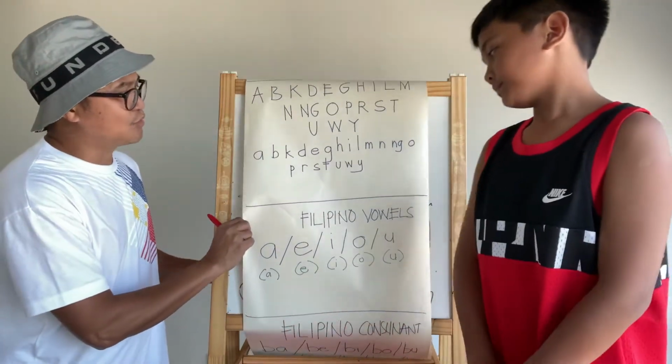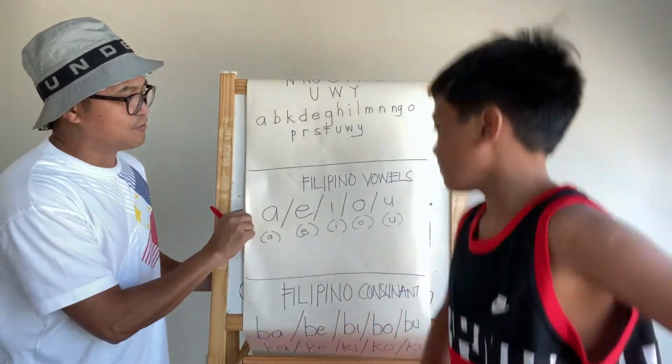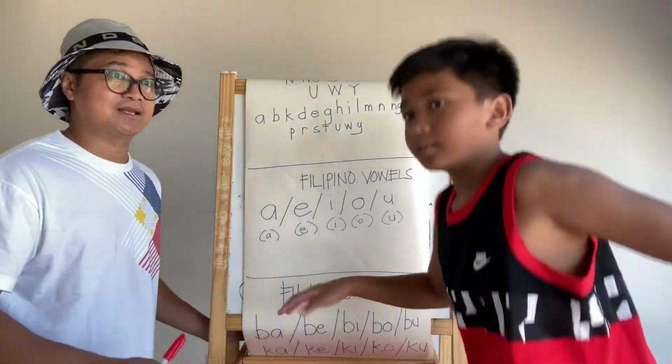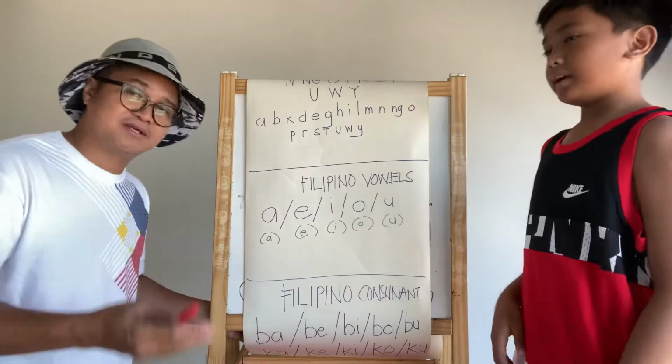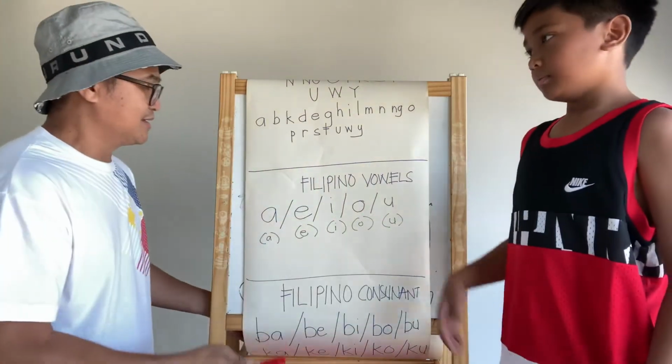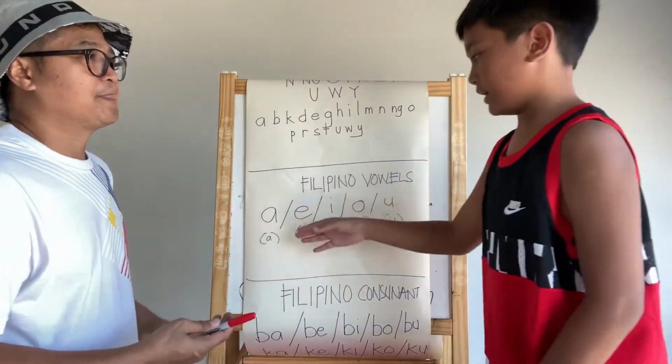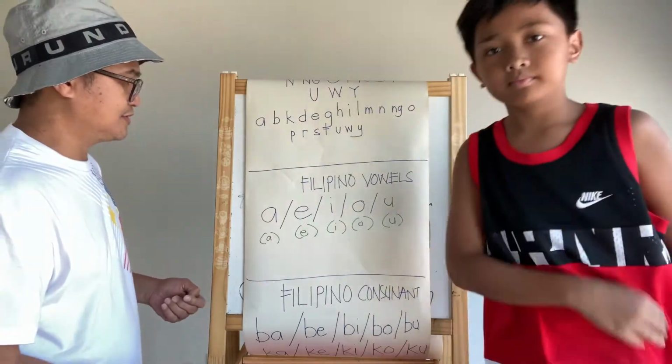So now we're also going to our Filipino vowels. It's the same as in English. Malay is also the same, just with different pronunciations. In English it is A, E, I, O, U. Correct.